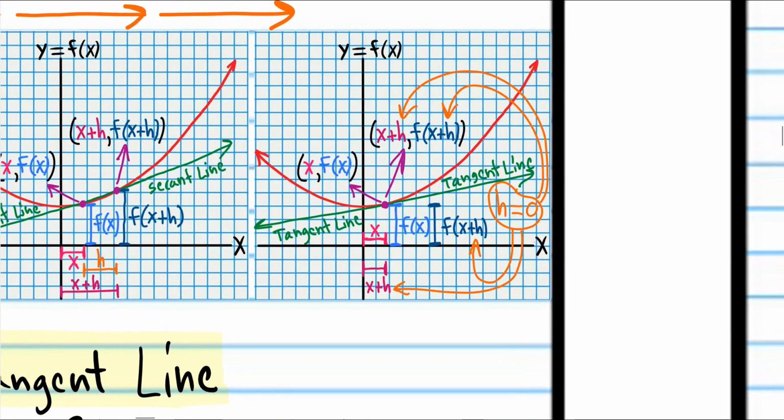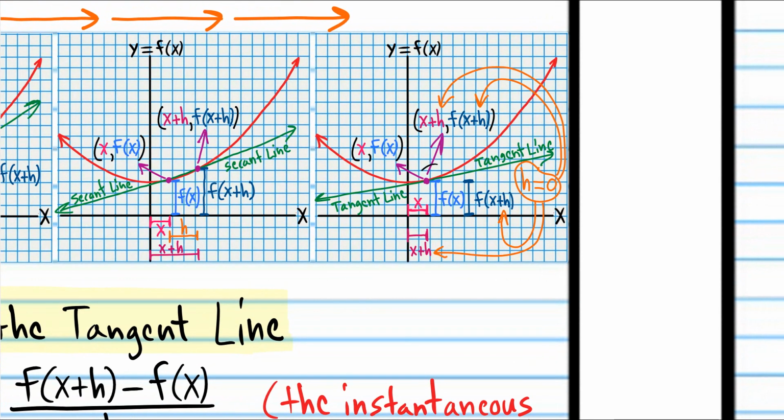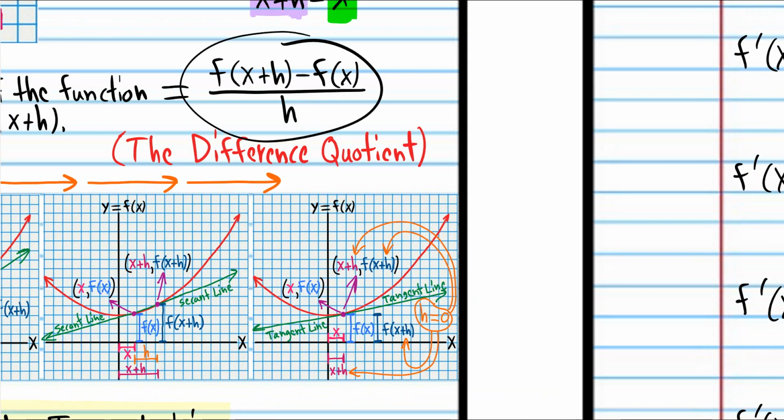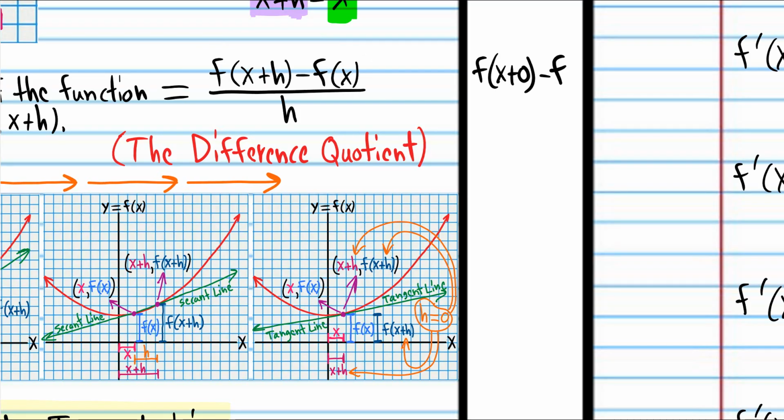The problem is, in order for the points to meet, h has to be 0. Notice that x and x plus h are exactly the same because we're letting h equal 0. If we look at this expression, this is the slope of the green line. But if we let h equal 0, then we have f of x plus 0 minus f of x over 0.